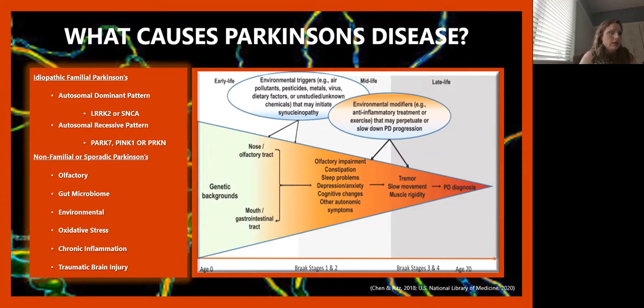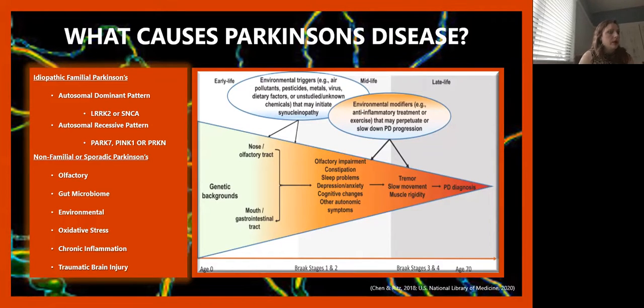In most cases, an affected person has one parent with the condition. If the PARK7, PINK1, or PRKN gene is involved, Parkinson's disease is inherited in what's called an autosomal recessive pattern. This type of inheritance means that both copies of the gene in each cell are altered.